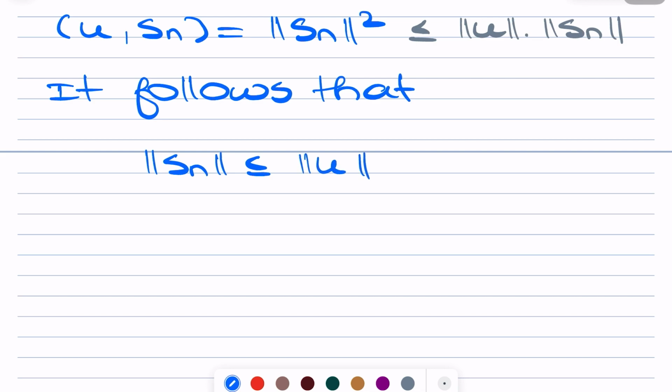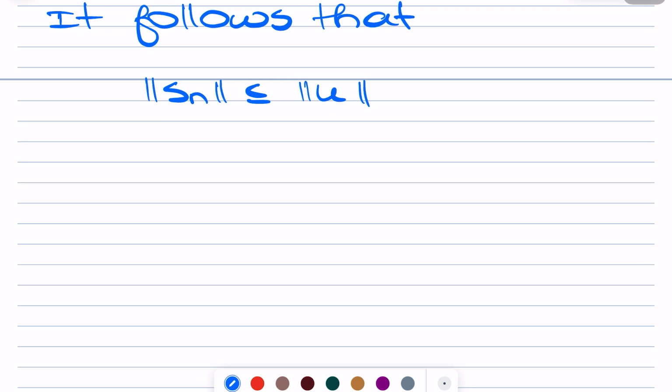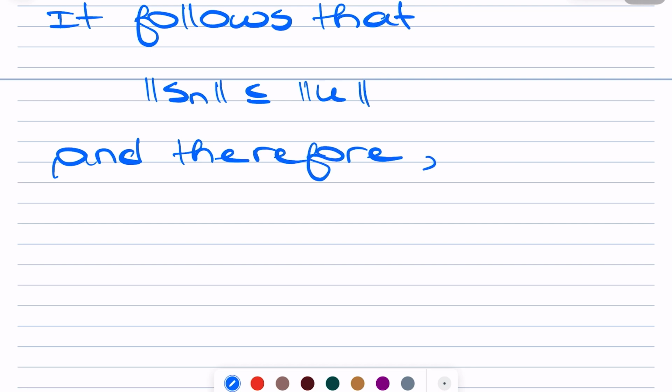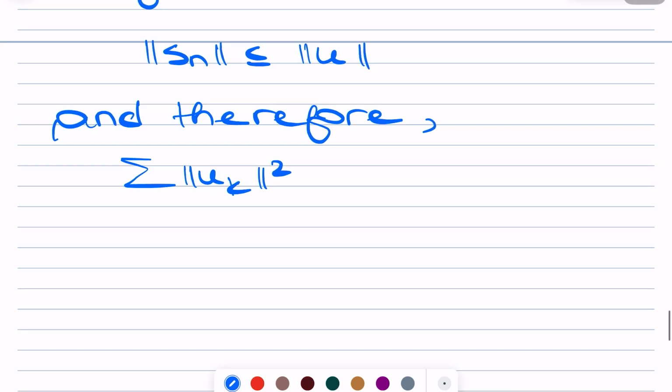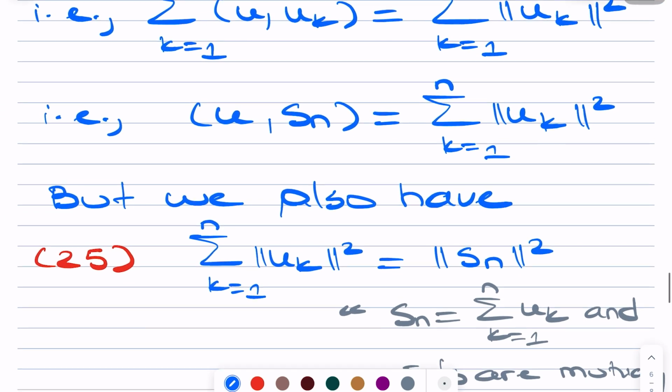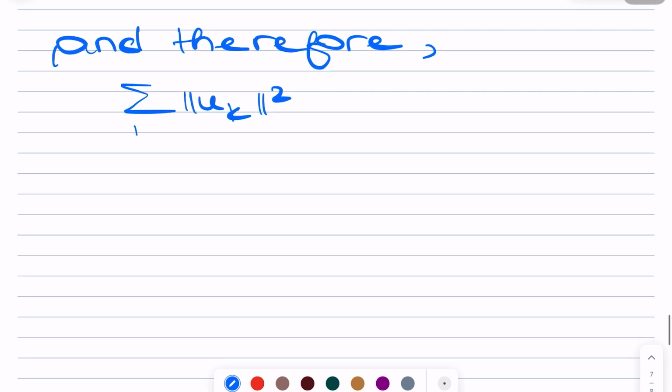If you square everything, and therefore, the summation of the norm of uk squared. Let me just check something. Yes, the summation of the norm of uk squared. I was kind of confused whether I used v or u, but I think everything's okay. So therefore this summation is less or equal than the norm of u squared.